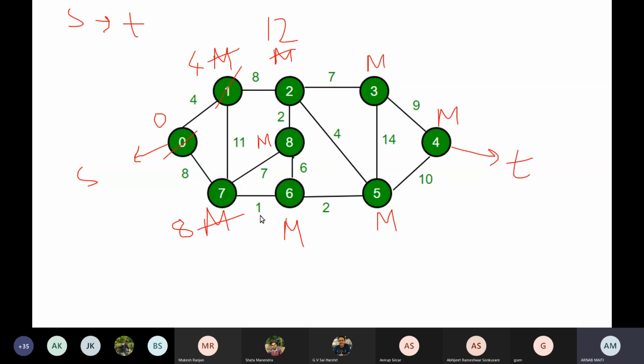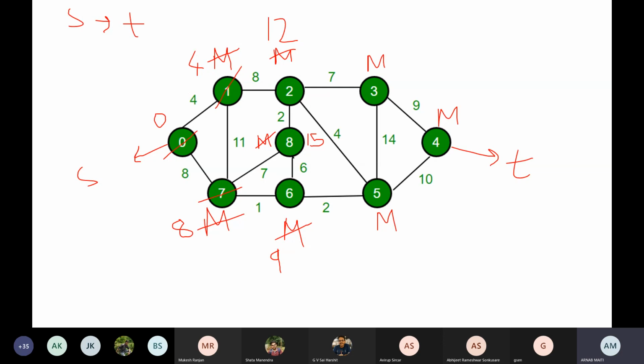So 8 plus 1 is 9. You have to replace M by 9 because 9 is smaller than M. Similarly, 8 plus 7 is 15. So you replace this M by 15 here. We are done exploring its neighbors, so we'll strike this out.